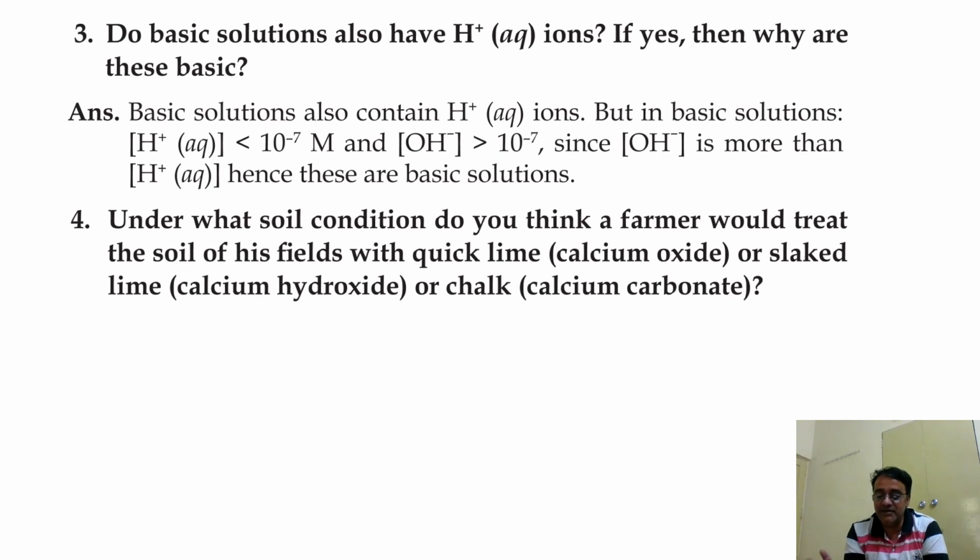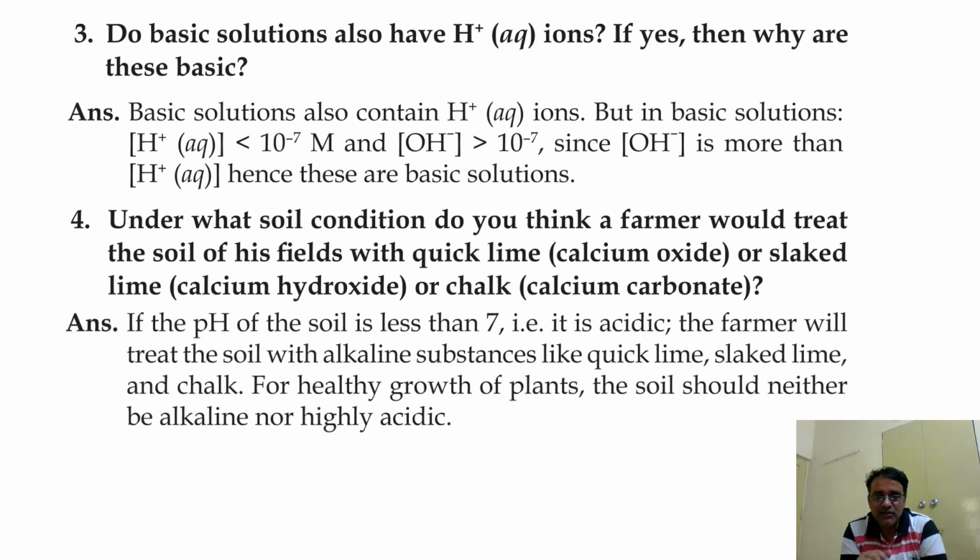So the farmer will treat the soil with alkaline substances in order to neutralize the acidic nature, like quick lime, slaked lime, and chalk. For healthy growth of plants, the soil should neither be alkaline nor highly acidic, right? That should be kept in your mind. So this is the answer.